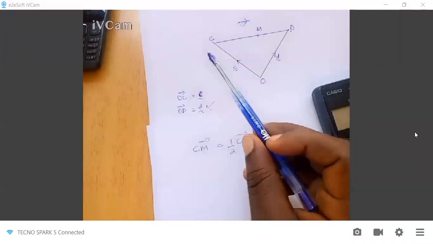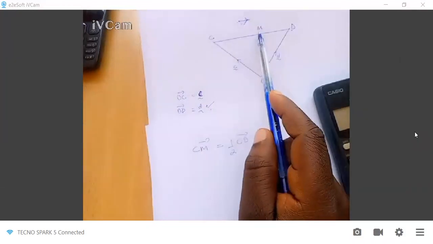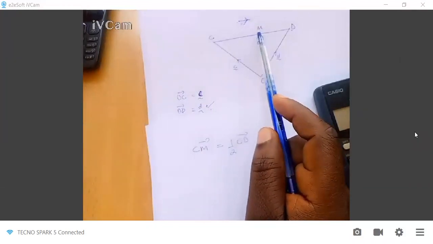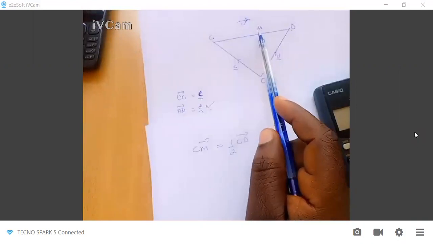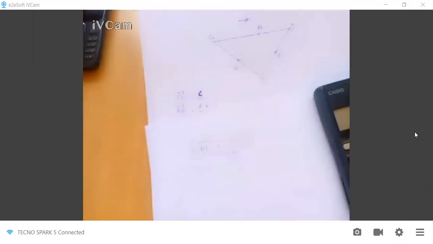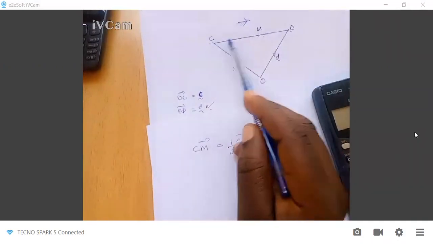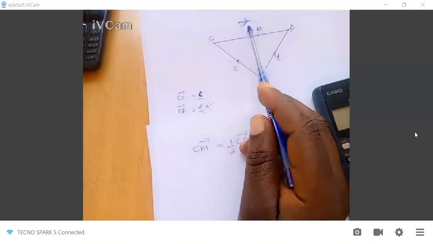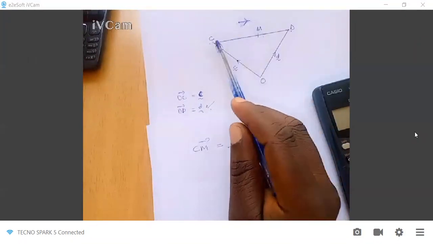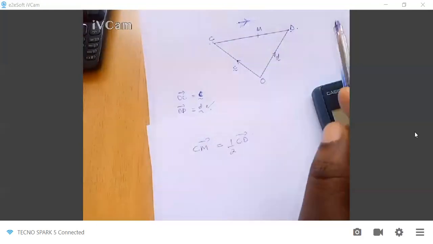In other words, CM cannot be equal to a half DC, because if you say DC, you have changed the direction. But CM, in that direction, is equal to a half CD in that same direction.